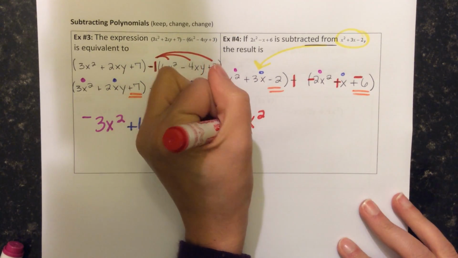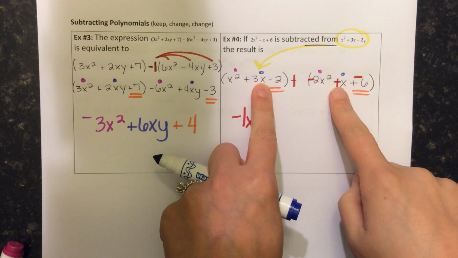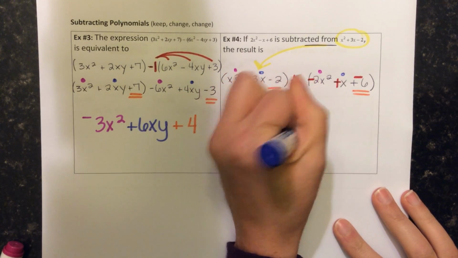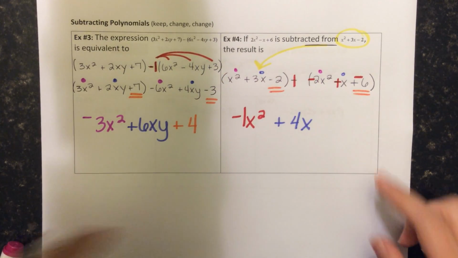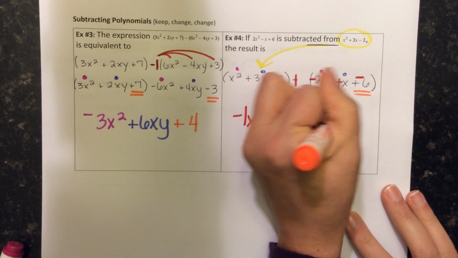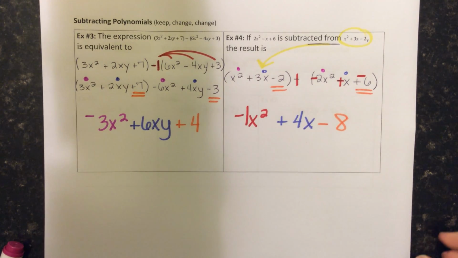I suppose I will right now, but normally I would not. If this were a multiple choice question, they pretty much wouldn't put a 1 there. Okay? Now I have 3x plus x, which gives me 4x. And finally, my constants, I have a -2 plus a -6. That would be -8. And that's subtracting polynomials.